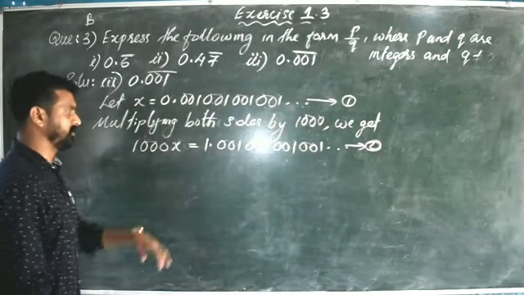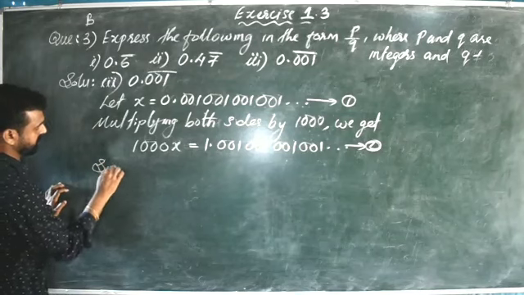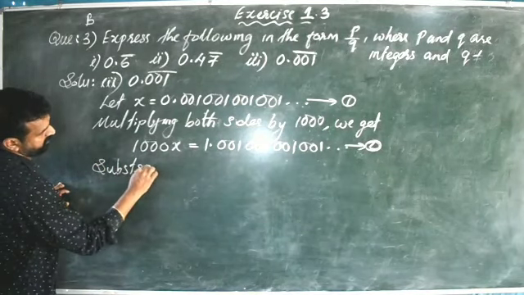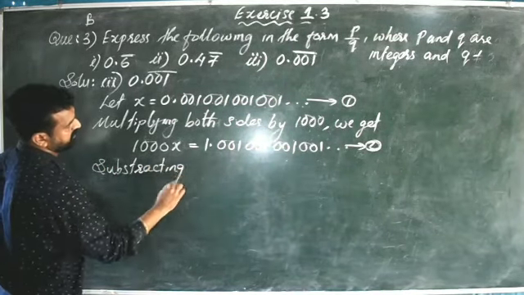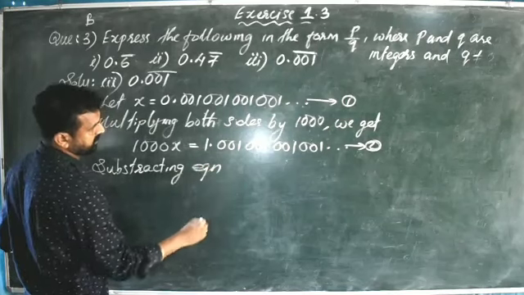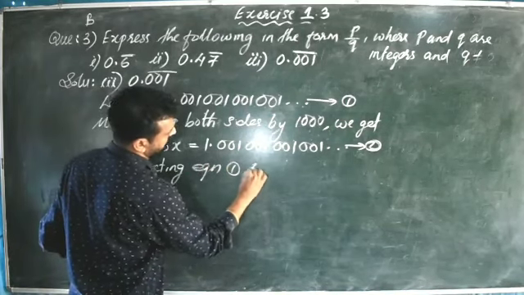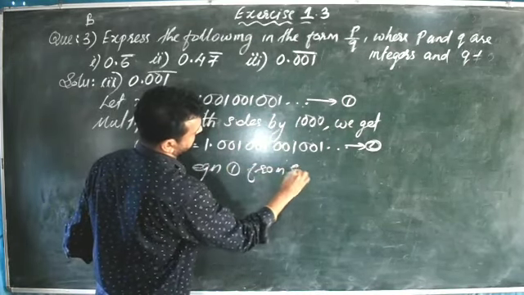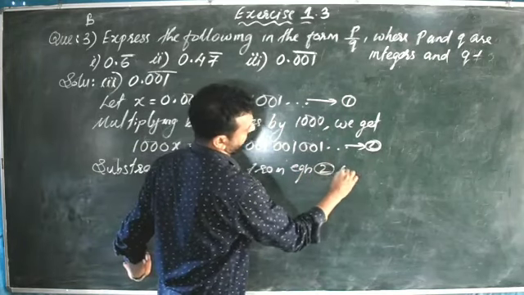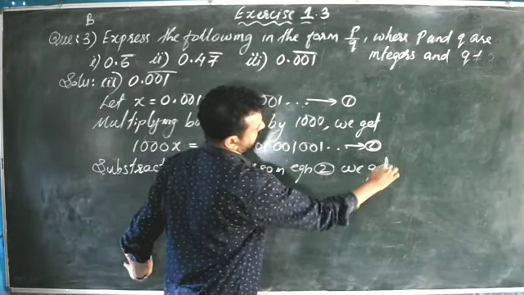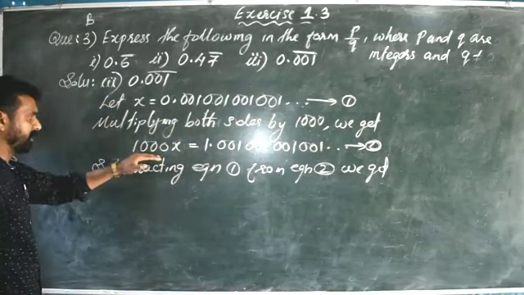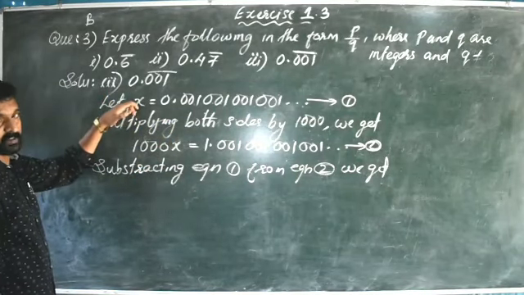Now subtract these two equations. That is, subtracting equation 1 from equation 2, we get 1000x minus 1x.